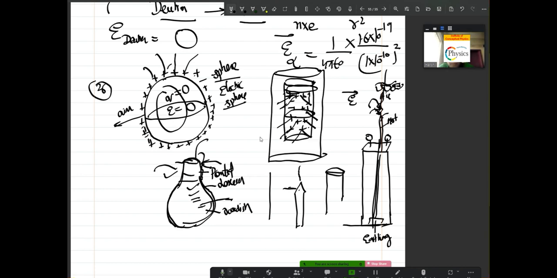So if you have a spherical conductor which has a lot of charge on it, it also has an electric field. The air molecules around it have a limited capability of tolerating the electric field. Every insulator like bakelite, mica, and all of these have a limited capability to handle the electric field. After that, they break down. Like in the case of a cloud burst, the air breaks down electrically and allows charges to flow.